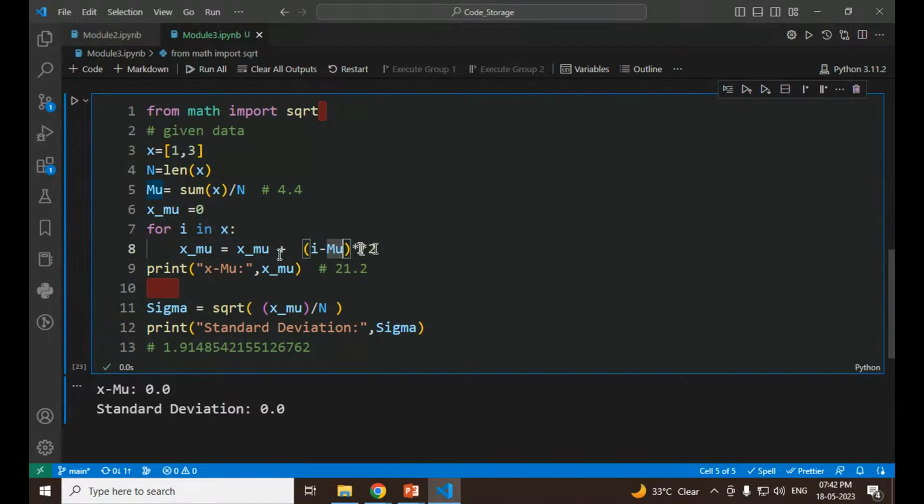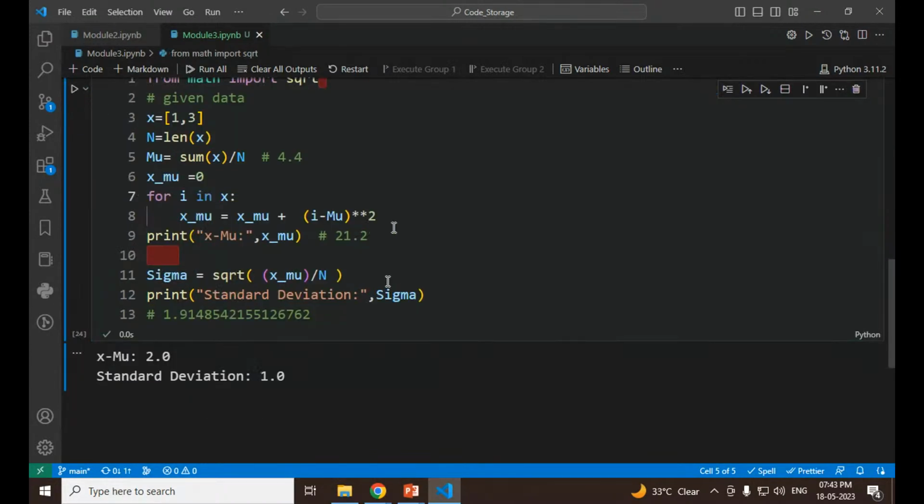Square it. You continuously do that for 2 times. What will you get? x_i minus mu. What is the square of 1? 1.